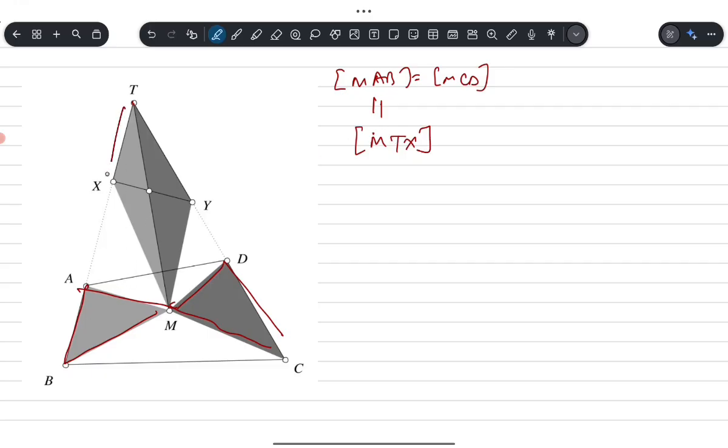Why? Since TX is equal to AB, and this is the triangle I'm talking about, MTX. Since these two triangles share the same height, and since their bases are also equal, the areas are going to be equal. Similarly, MCD is equal to MTY.